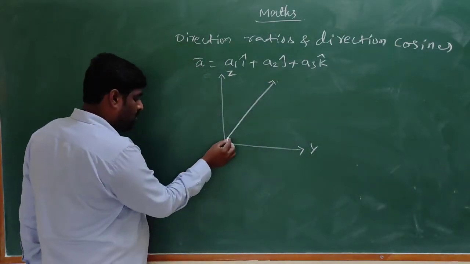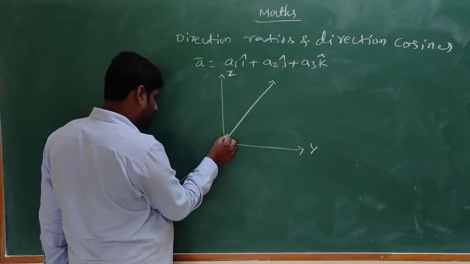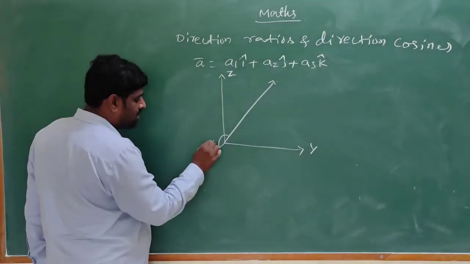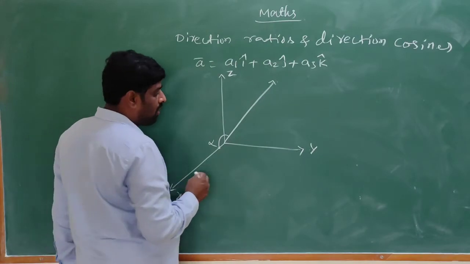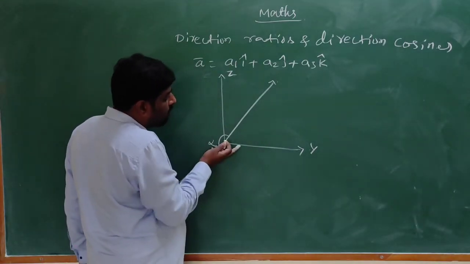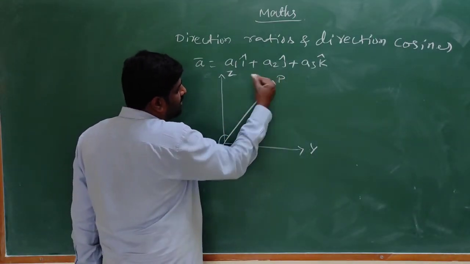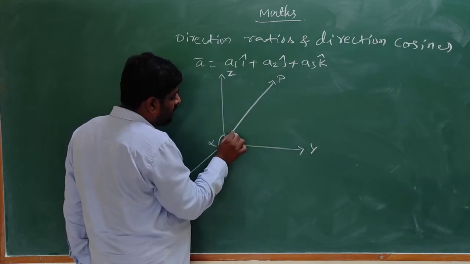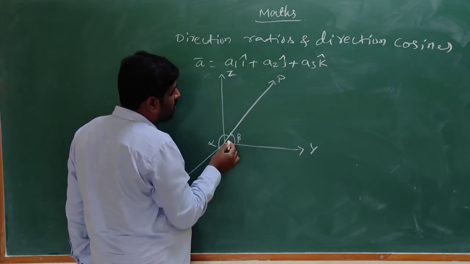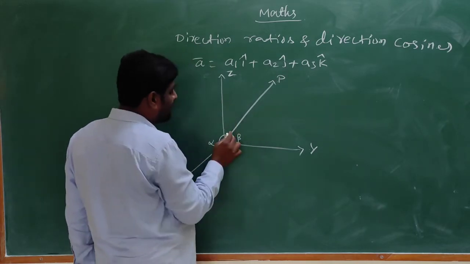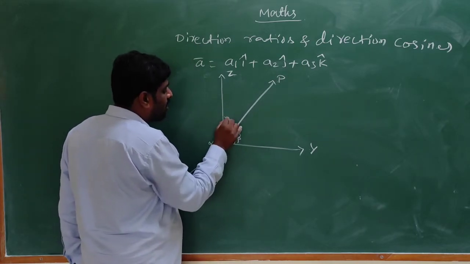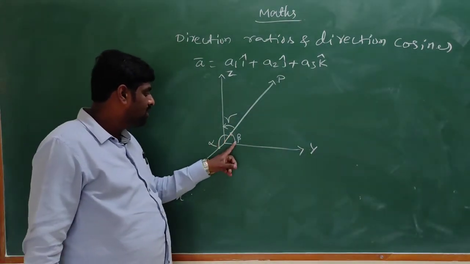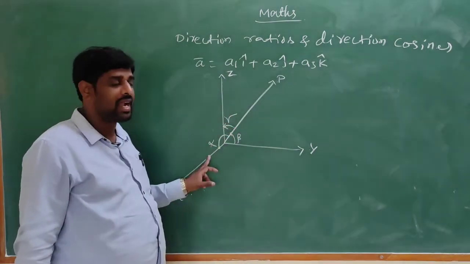The angle from the line segment to the x-axis is alpha, from the y-axis to the line segment P is beta, and from the line segment to the z-axis is gamma.